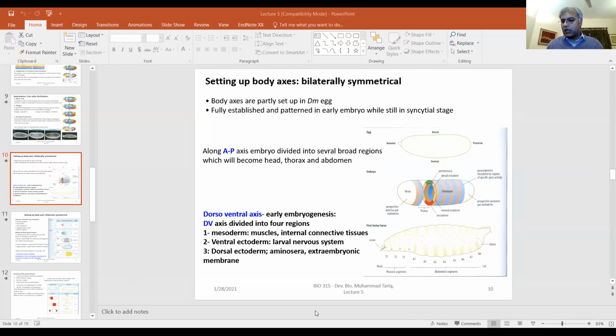So now we are going to start looking at morphological changes that involve the early body pattern formation.